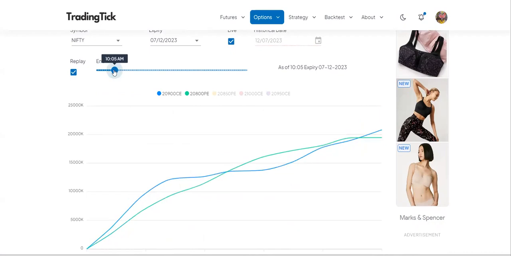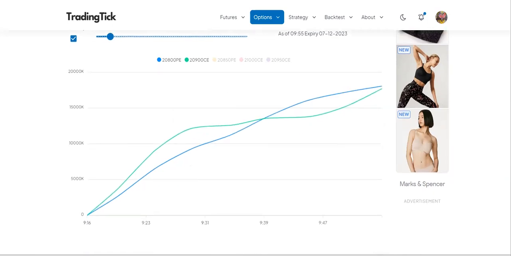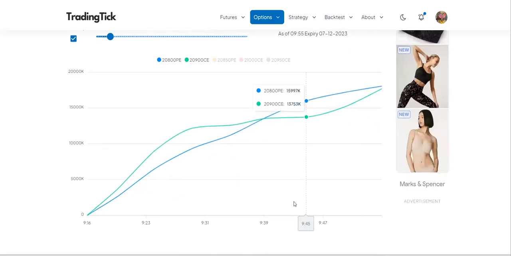So this is the 20,900 call option. Here around 9:40, note down the time. It started crossing below the 20,800 put. That means open interest started falling in the call option.